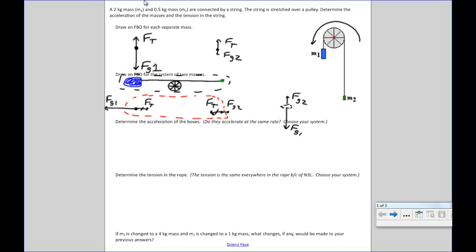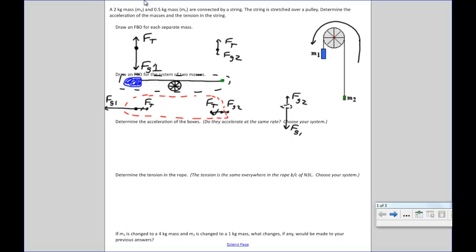So what we did is we took down, and this is where it gets weird, where down isn't really down. We're looking at it as this whole thing just accelerating this way. We took the fact that mass 2 accelerates up and mass 1 accelerates down, and we just said it's going to accelerate along this line.